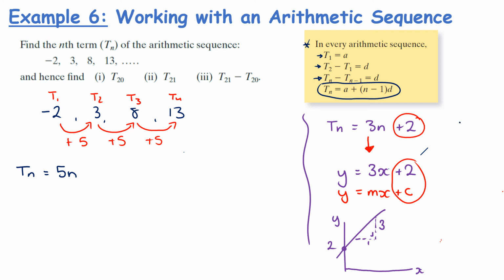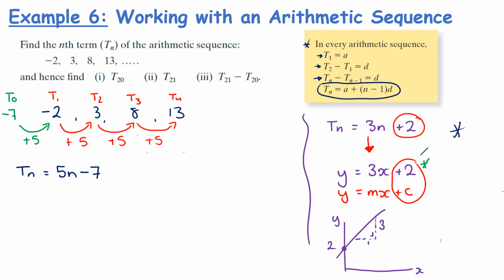However, a quick way is to identify T0, which, although it doesn't make sense in terms of our pattern, would effectively tell us the y-intercept. I've added 5 to some number and got to -2, so that should be -7, and that allows us to simply write in that constant of -7.